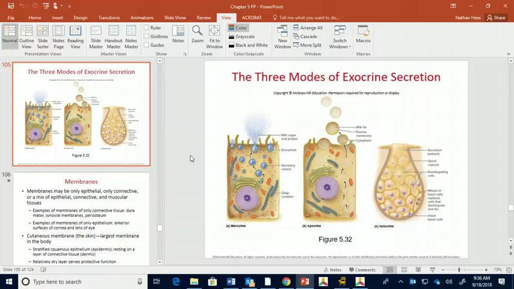The merocrine gland just secretes the thing directly. No part of the cell is harmed. The apocrine pinches off a piece of the cell and it goes off. And holocrine means the cell dies, and as it dies, it becomes the thing it's secreting. Holocaust, a whole bunch of people dying. Holocrine, same root, a cell dying to produce this thing. Again, you don't have to know these. I'm just telling you they will come up in the future.